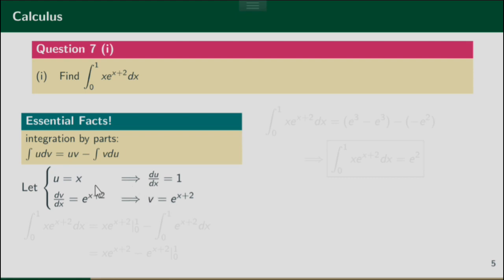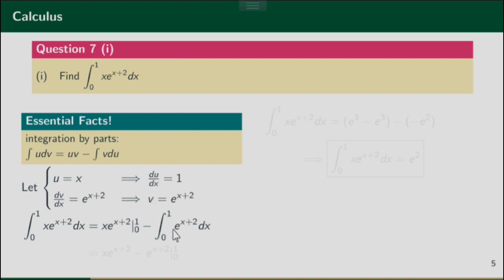So I just apply the formula. So the integral of x e raised to the power x plus 2 dx is equal to uv. I take u and multiply with v, which is x e raised to the power x plus 2. Of course, I'm integrating from 0 to 1, minus the integral from 0 to 1 of v du. This is v and this is du.